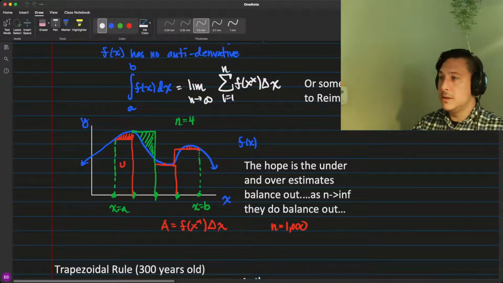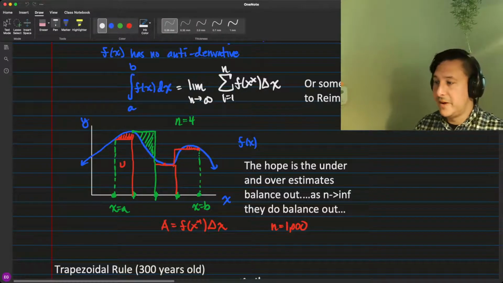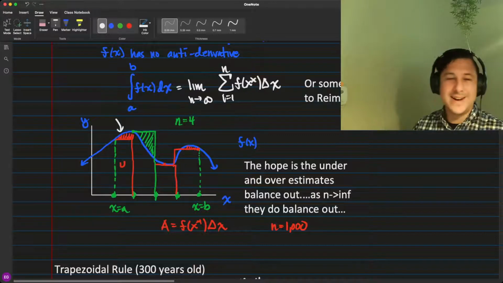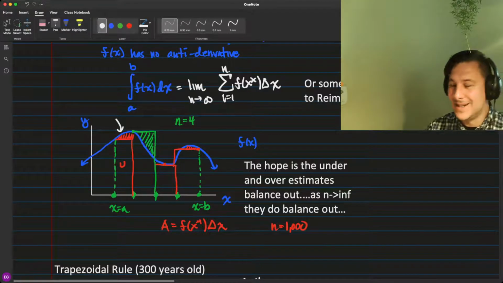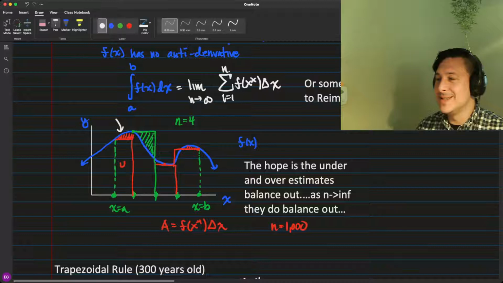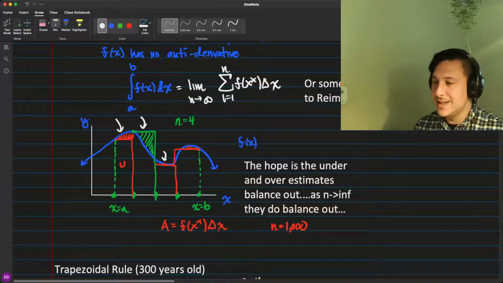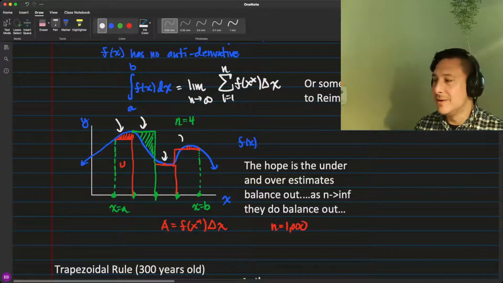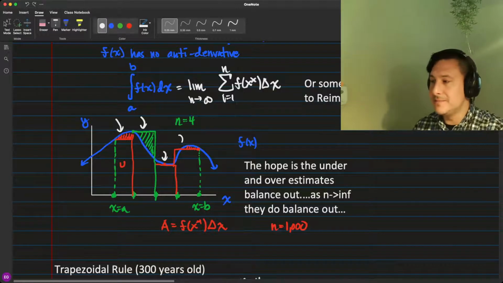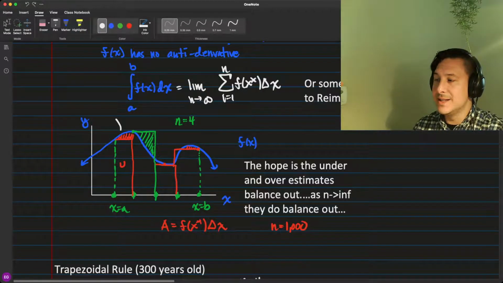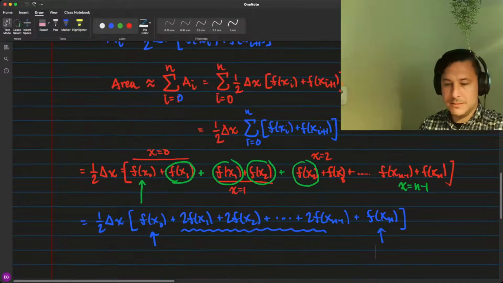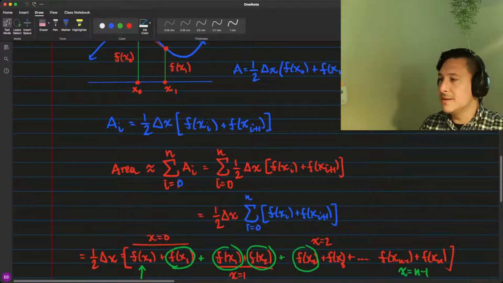There we go. Okay, so for the first rectangle right here, you can see that it underestimates. For the second rectangle, it overestimates. For the third rectangle, it underestimates. For the fourth rectangle, it underestimates. Now we could fix this by just adding more rectangles.